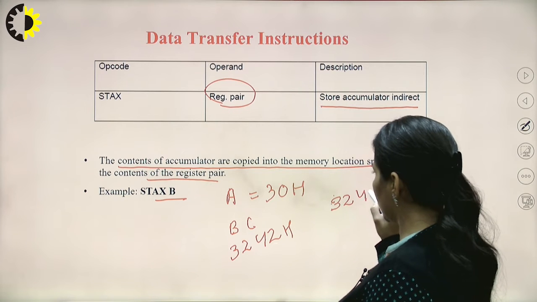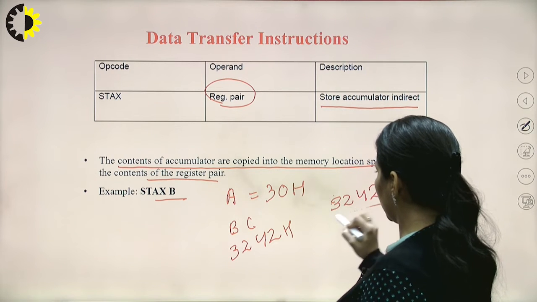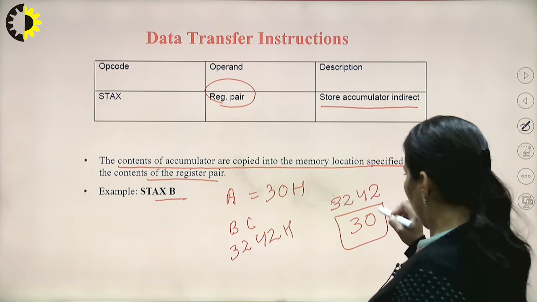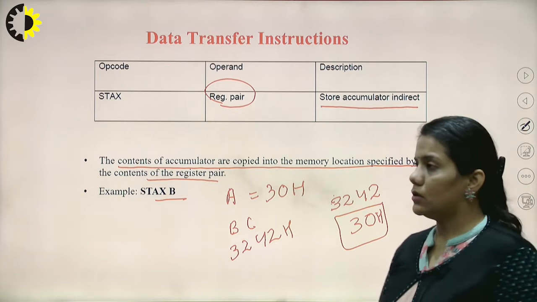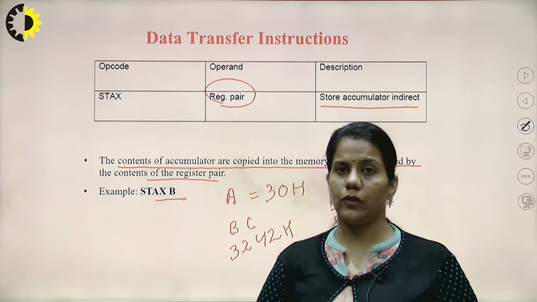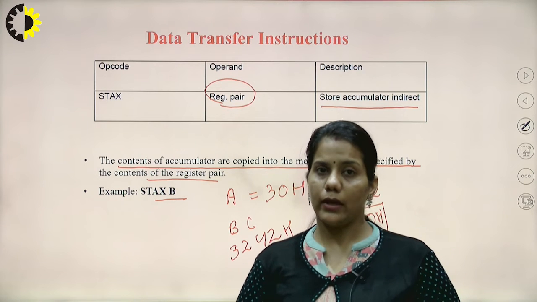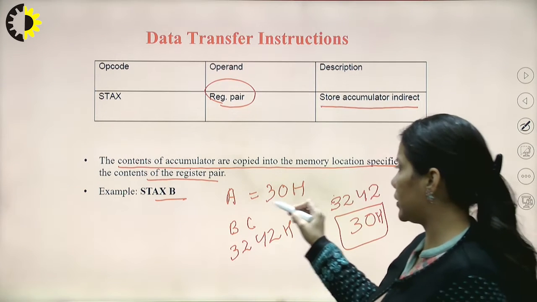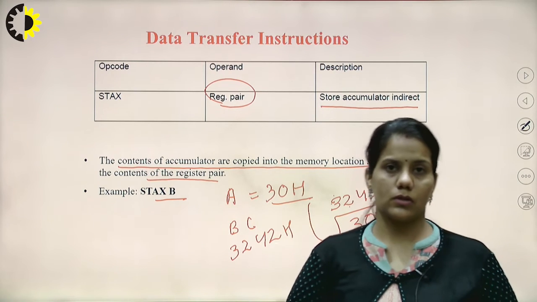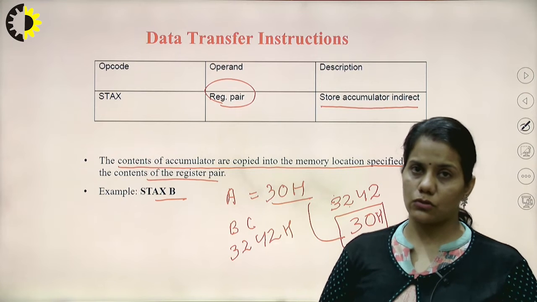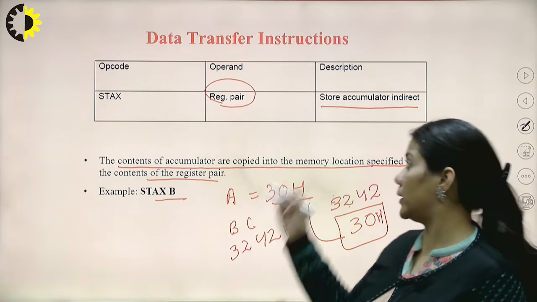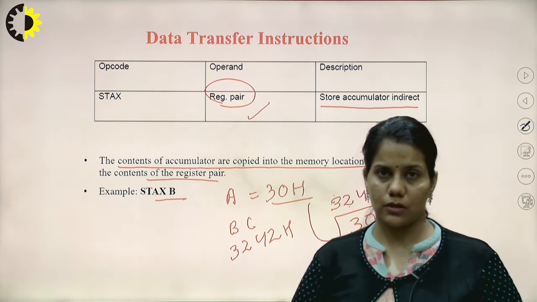It will store the accumulator data at this memory location. So the contents of the BC register pair will point to some memory location, and the data in accumulator will be stored in this memory location. So in this way, STAX stores the data given in the accumulator into the memory location pointed to by the register pair mentioned in the operands.